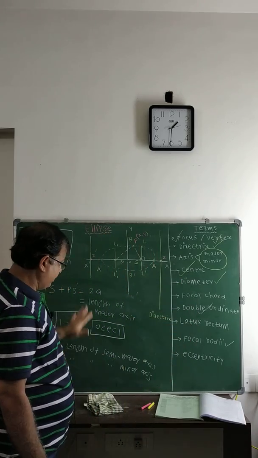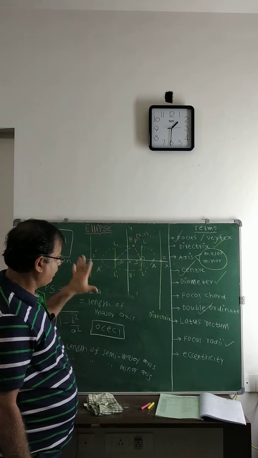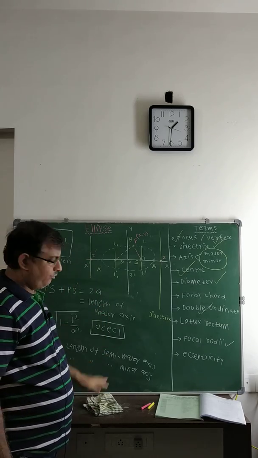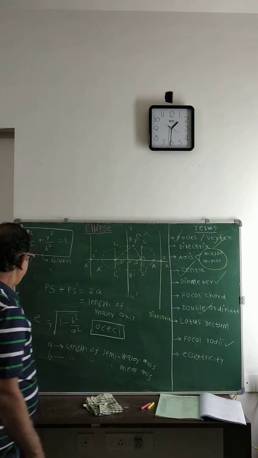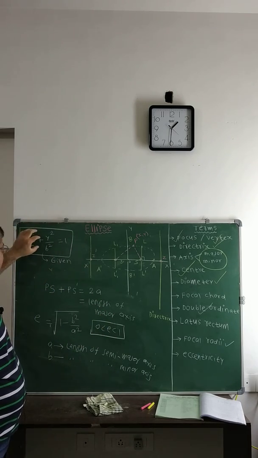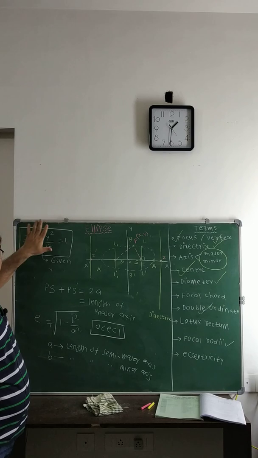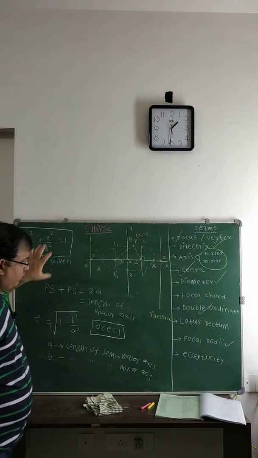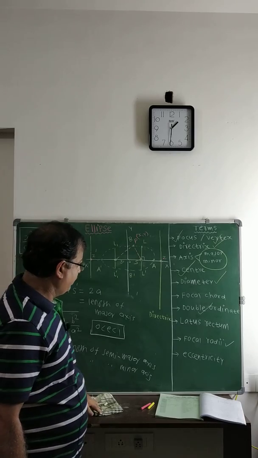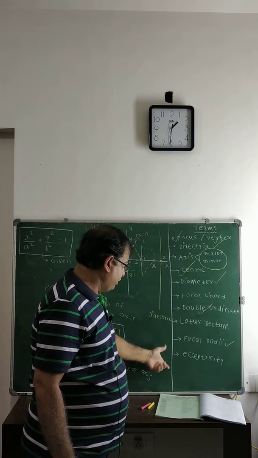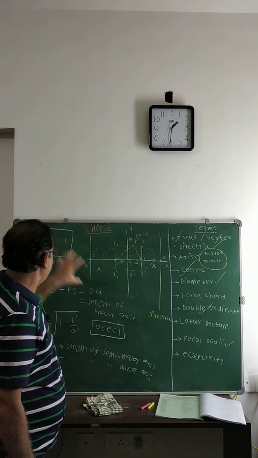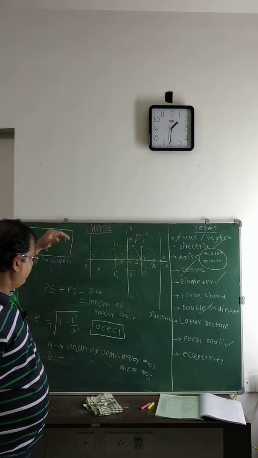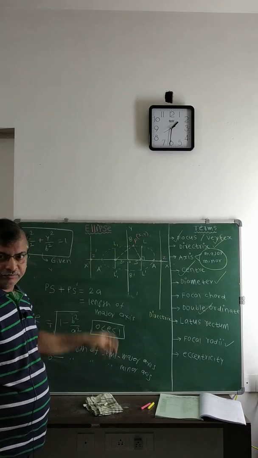So these are the basic terms that we are supposed to calculate if some equation of ellipse is given. And for easy understanding, I have taken the most common standard equation of the ellipse. Now this equation will change depending on what is given in the question, but these properties remain constant, but their numerical value will depend on the equation given to me. Now in the next class, we go to another type of ellipse. Okay.